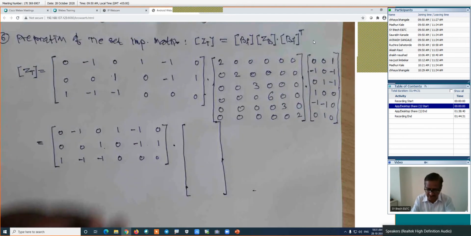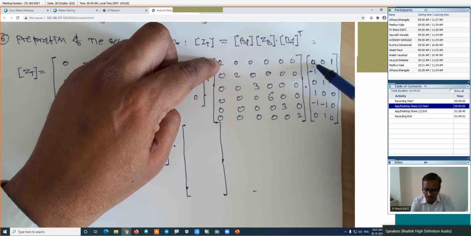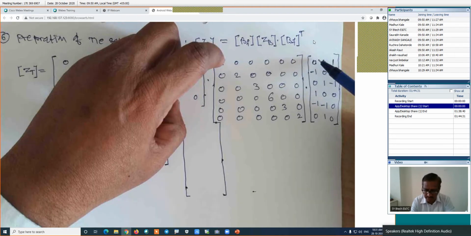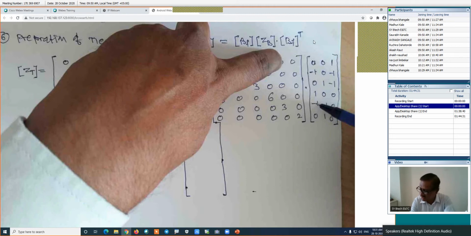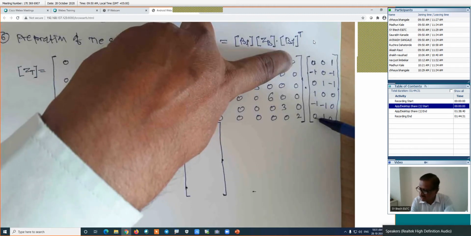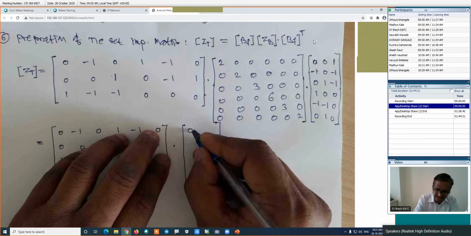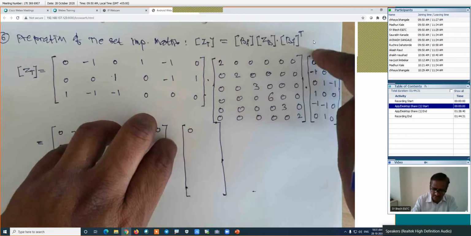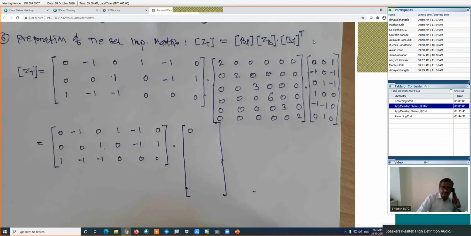How is the multiplication? This is 2 into 0, 0, plus 0 plus 0 plus 0 plus 0 plus 0. Means the first value in this particular case is 0. Is it right? First row, first column, first element. Then we will check.